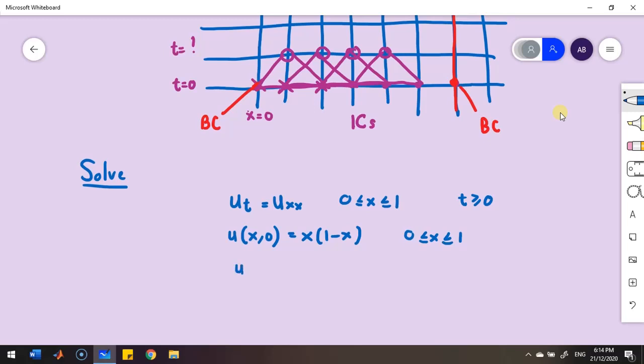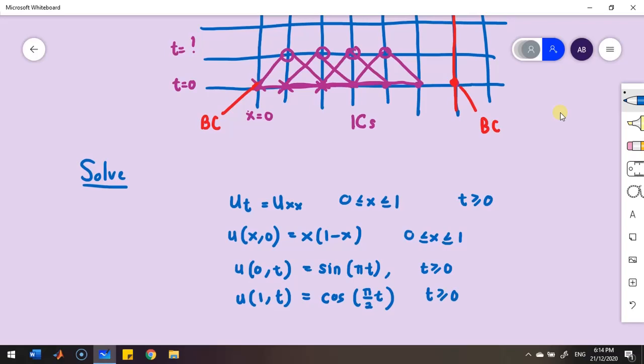When x is 0, this is my boundary condition: sine pi t, for t greater than or equal to 0. The other boundary condition at x equals 1 is cos of pi over 2 t, for t greater than or equal to 0.